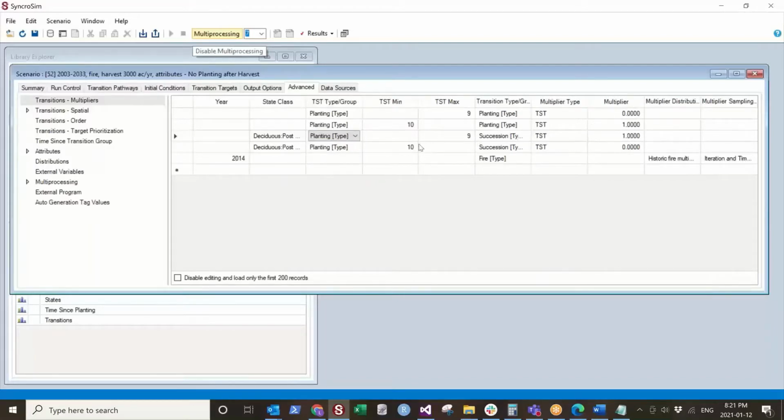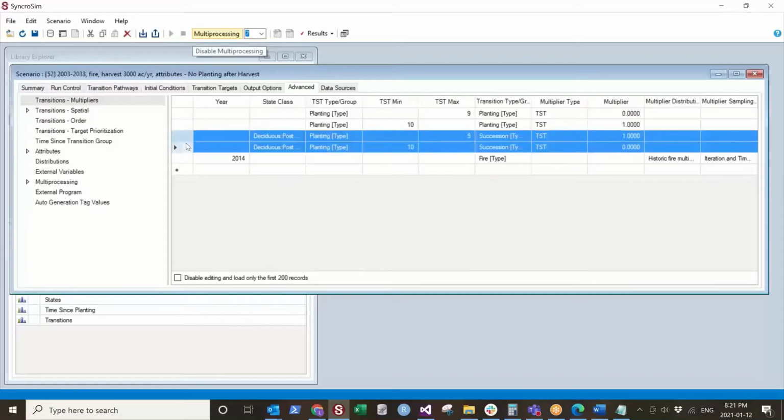But if you haven't been planted, so if it's been more than 10 years since you've had any planting, your succession probability gets multiplied by 0. So what I'm saying with these two rows is that for succession to happen from the deciduous post-harvest to deciduous young, you have to have been planted within the last 9 years. Otherwise, succession can't happen. Any questions so far at this point?